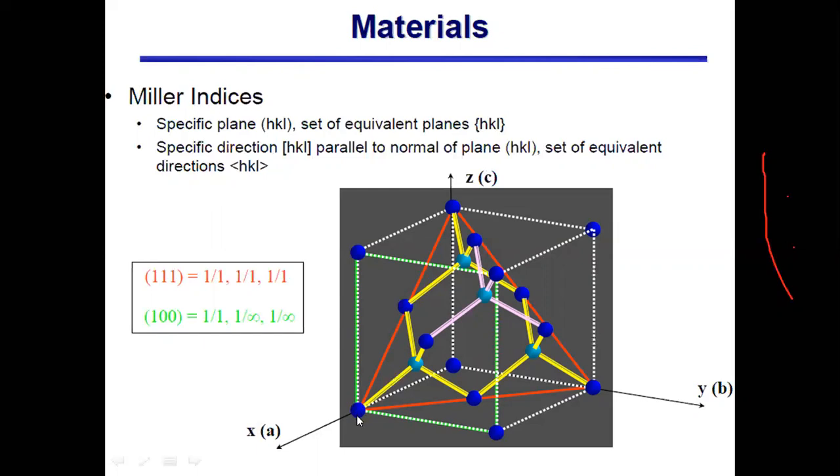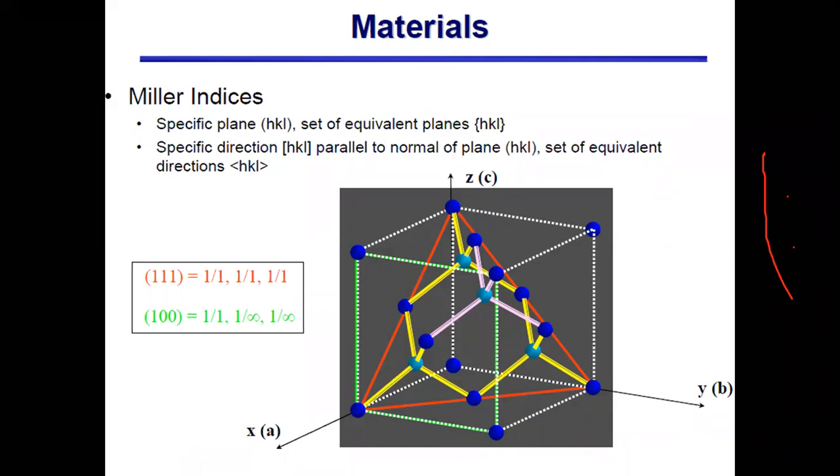The Miller index for each coordinate is the reciprocal of the value where the plane is cutting the axis. For example, if you consider this plane, this is a unit cell of the lattice structure.